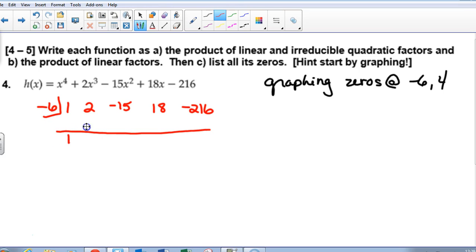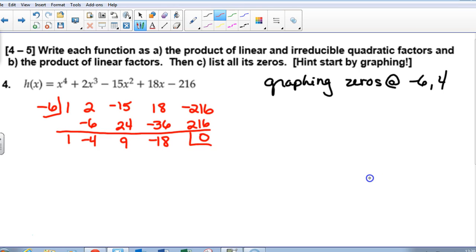Bring down the 1, multiply, add, multiply, add, multiply, add. I'm going to go with 216. Anybody checking? 6 times 18 is 216. Should come out 0 if it was a 0, right?